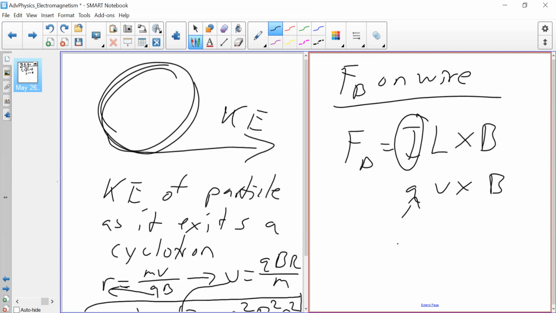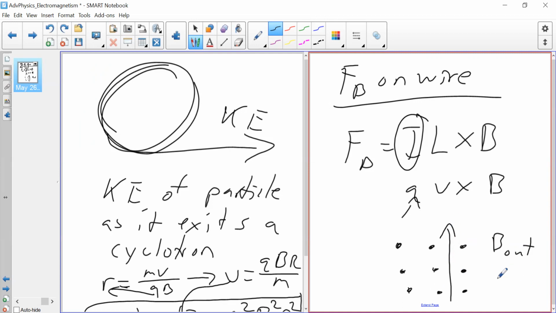So let's say, for example, now I'm going to give you a test. I have a magnetic field that's pointing out of the page. There's dots, like arrowheads coming at you. And let's say I have a current carrying wire, and this would be the direction of the current inside of the wire.